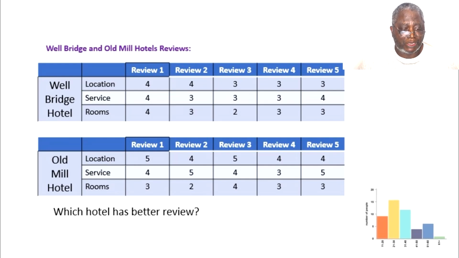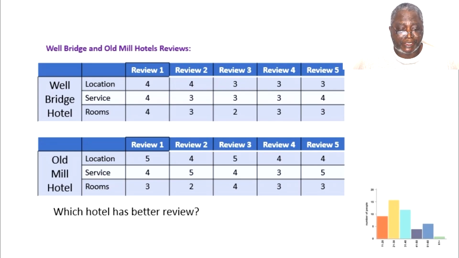We have 2 hotels, Wellbridge Hotel and Old Mill Hotel. And these are the data. You have 5 reviews at the top, and then you have 3 areas that they're reviewing: location, the service, the quality of service, and of course the standards of the rooms for both hotels.